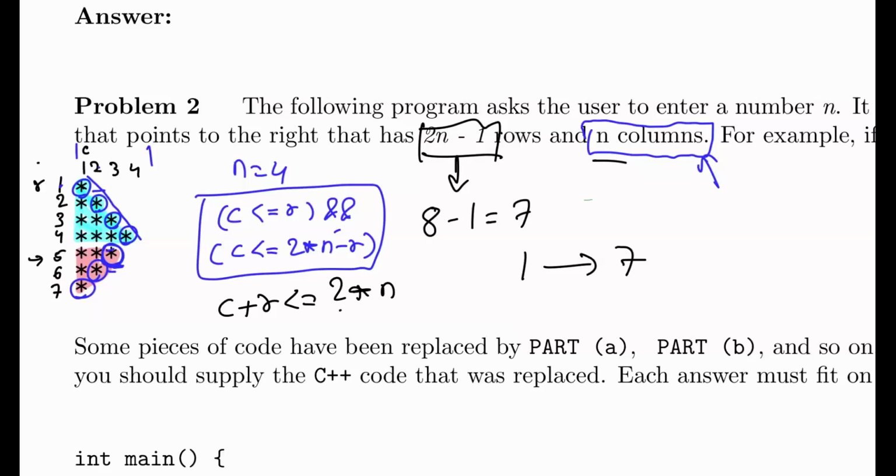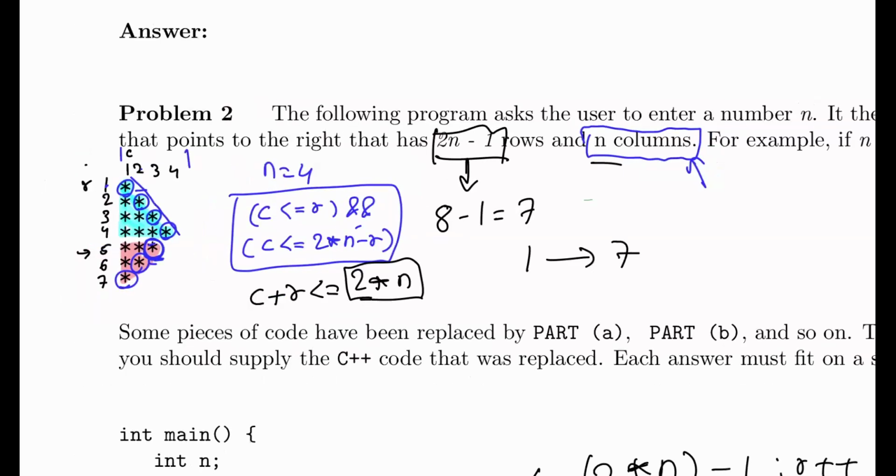So how did I get this? Sometimes when the question is asking about not n, but it's actually 2n minus 1, you can also manipulate a little bit, test it out, and you get this answer.